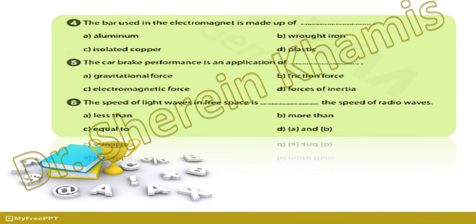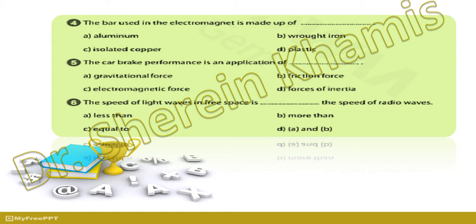Question number 4 says that the bar used in the electromagnet is made of what? We have different materials, and the main requirement is a good conductor of electricity, as we take electric energy and convert it. So we have aluminium, wrought iron, insulated copper, and plastic. Plastic is an insulator. Also insulated copper is made of plastic on the outside.